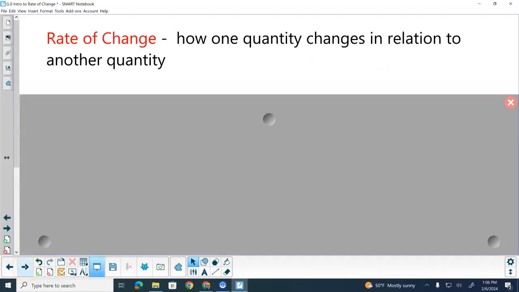So let's get our definition of a rate of change, which is right in the middle of your paper. A rate of change is how one quantity changes in relation to another quantity.